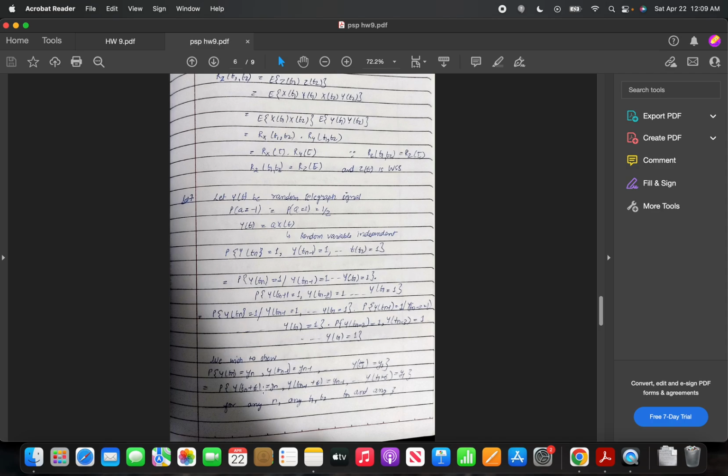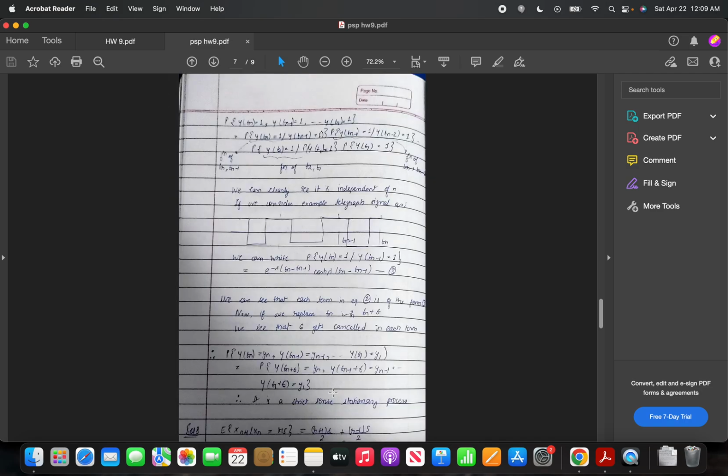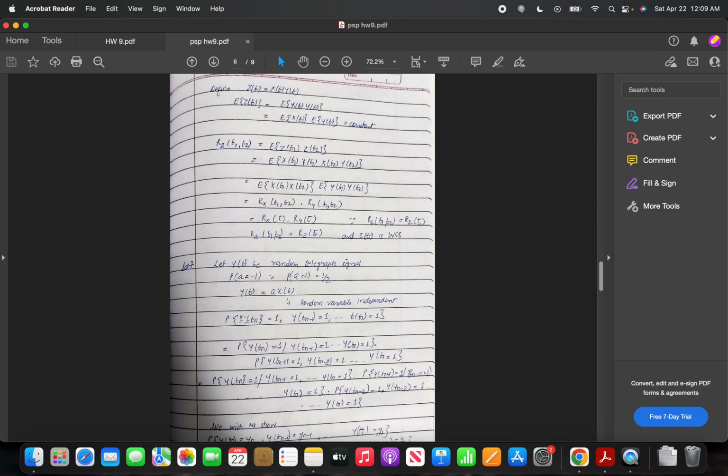And this should be true for any value of n, any t1, t2 up till tn, and any value of epsilon. So we are just rewriting this previous term.